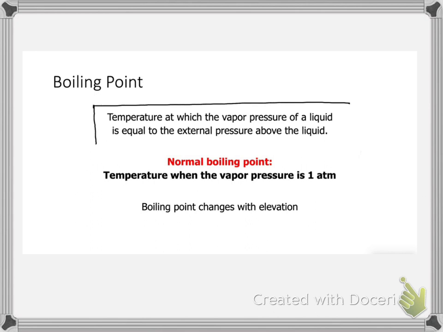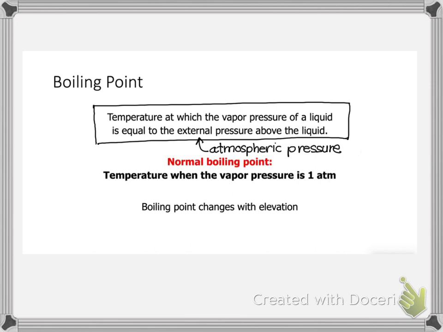And if we look right here, boiling point, or the temperature where something boils, is when the vapor pressure of the liquid equals the external pressure. And so most commonly, the external pressure is the atmospheric pressure. So let me give you an example.